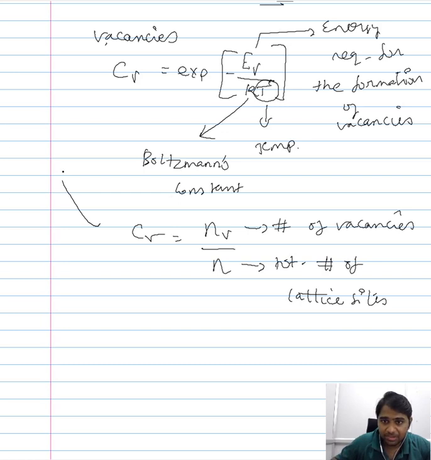So the stable concentration of the vacancy depends on energy required for the formation of vacancies and the temperature. Now this relation indicates that with increase in the temperature, the number of stable vacancies also proportionately increase. So we have a negative sign here, exponential, a negative sign here. Therefore, with increase in temperature, we have an increase in the stable number of vacancies.